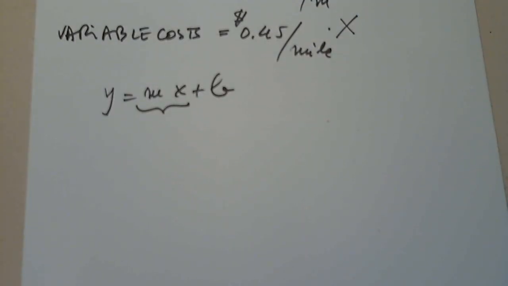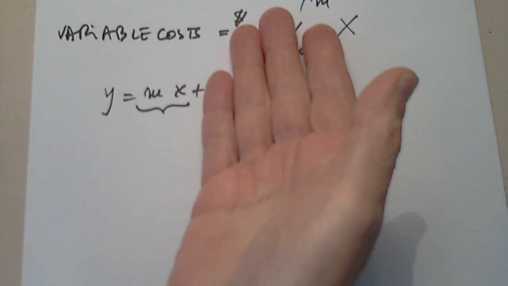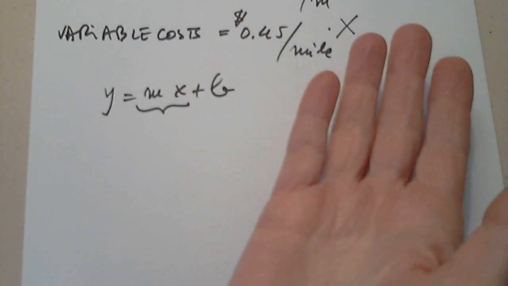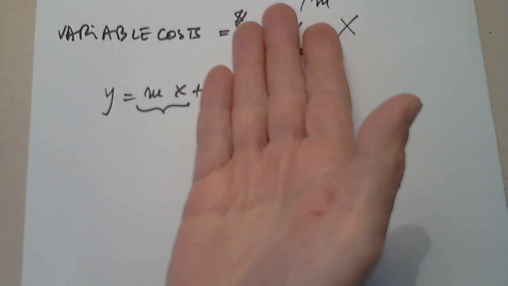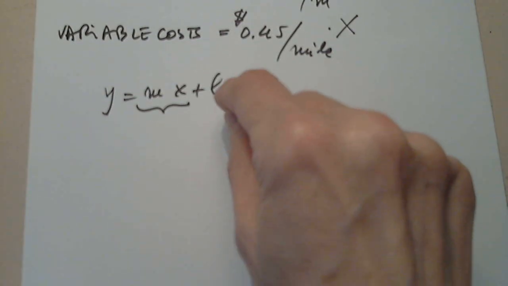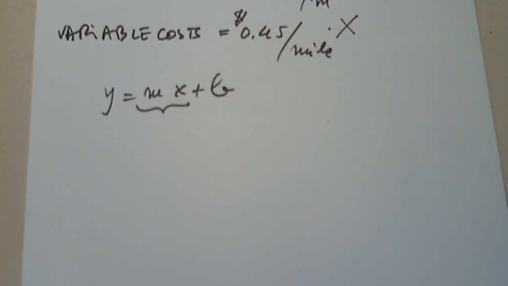In other words, by the number of miles we drive. And the fixed cost, it doesn't matter if we just keep it in the garage or on the street, we have to pay that anyway. And that is the fixed cost. That is the y-intercept. So how do I write the equation then?